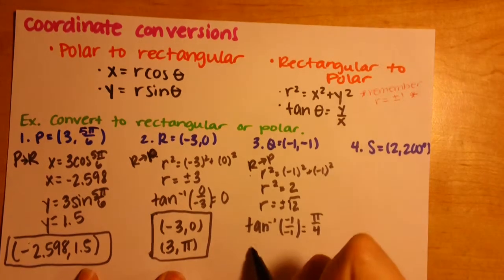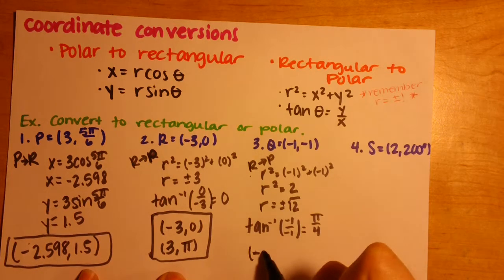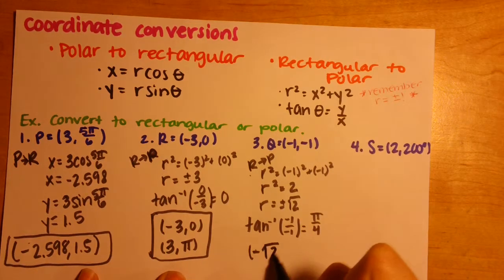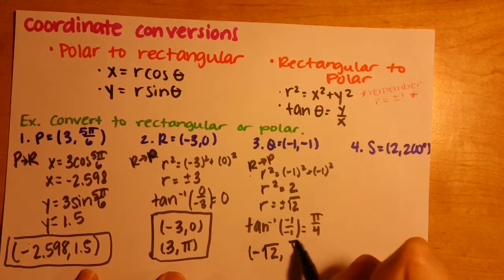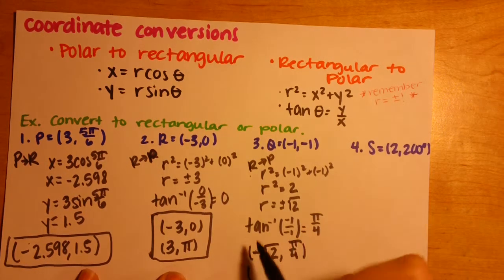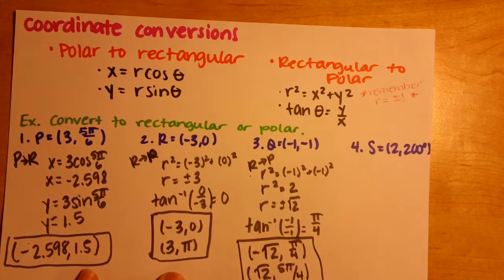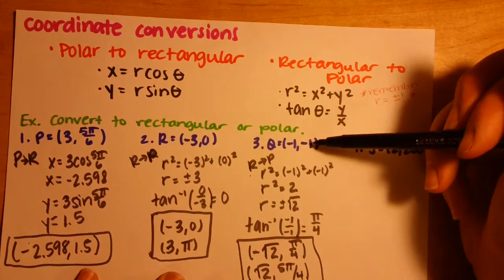So now we can make our polar coordinates. We have this negative square root of 2, pi over 4, and we have the square root of 2, 5 pi over 4. The reason it goes in this order is you have to keep in mind where your original point was.